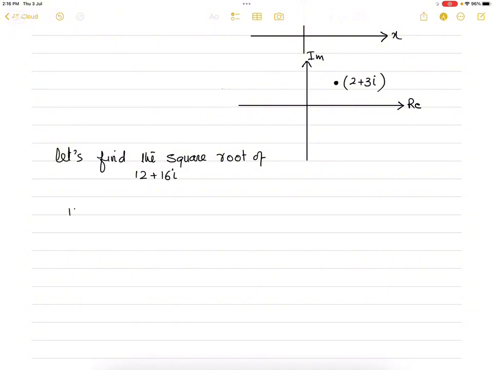I would start by writing the square root of 12 plus 16i, and I will equate it with the general form of the complex number. And remember, we have to write plus minus before that, x plus iy. Why did I write plus minus? Because suppose I ask you the square root of 16, the answer is not 4. The answer is plus minus 4.